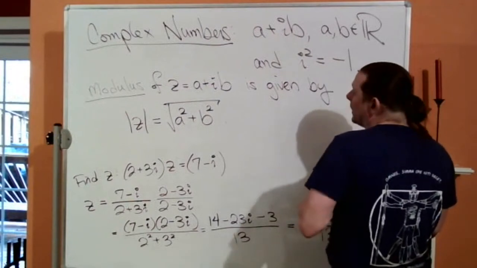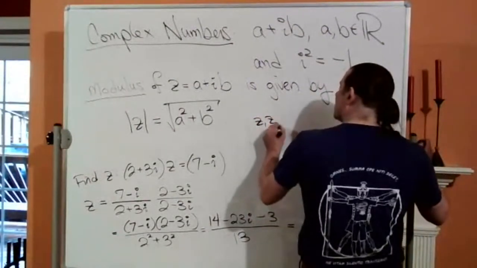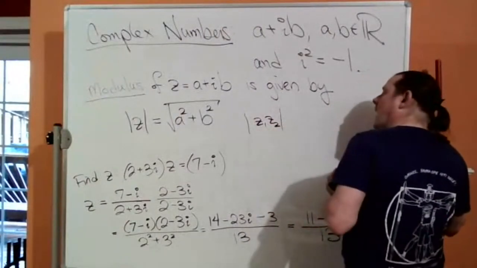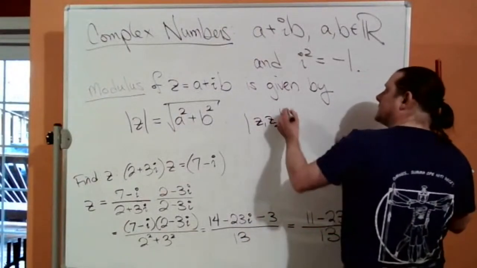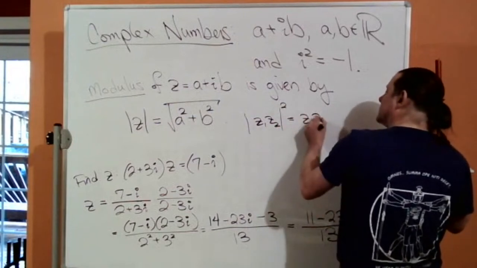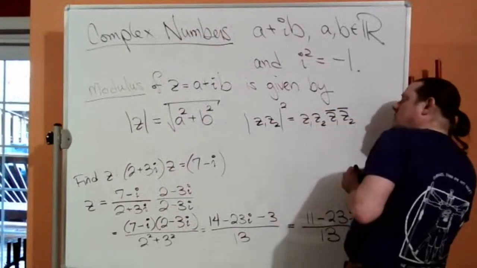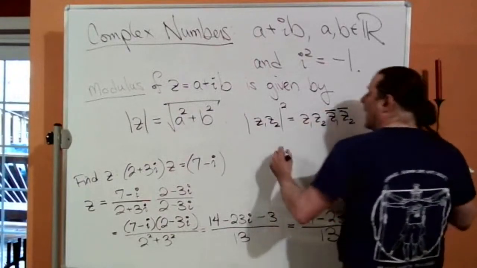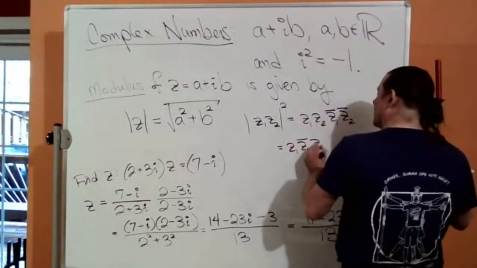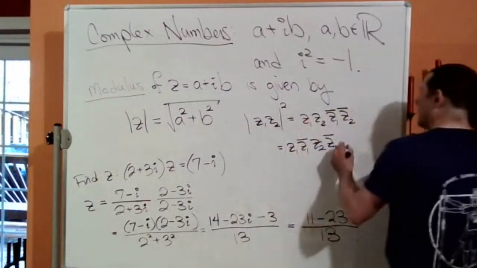All right? Now it turns out that if you multiply two complex numbers together and you find their modulus, let's see what happens. If I square that, I'm going to get z1 z2 times z1 complex conjugate z2 complex conjugate. And then I could move those around: z1 z1 complex conjugate, z2 z2 complex conjugate.